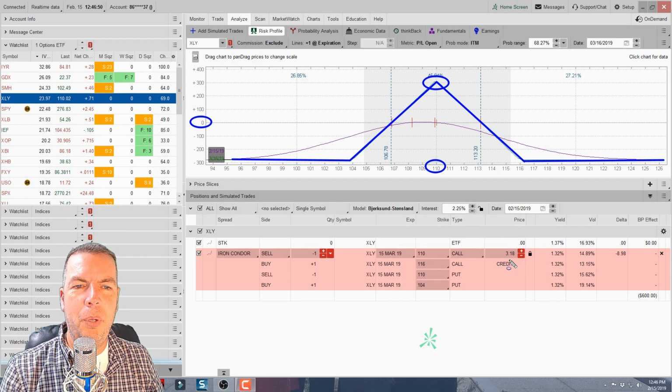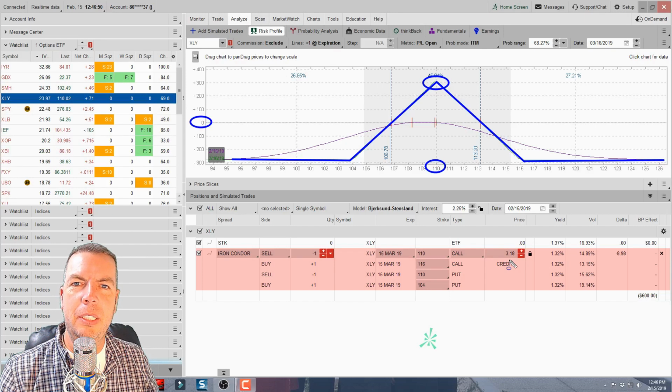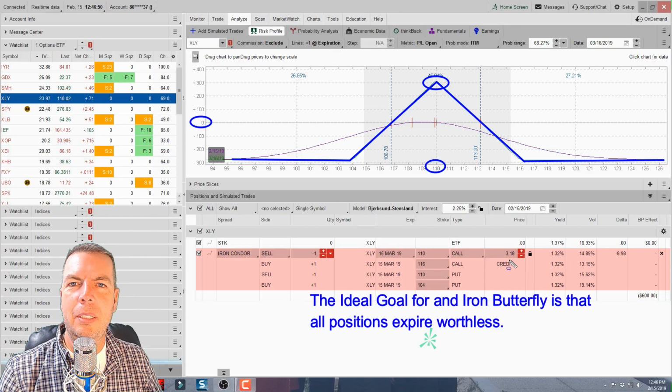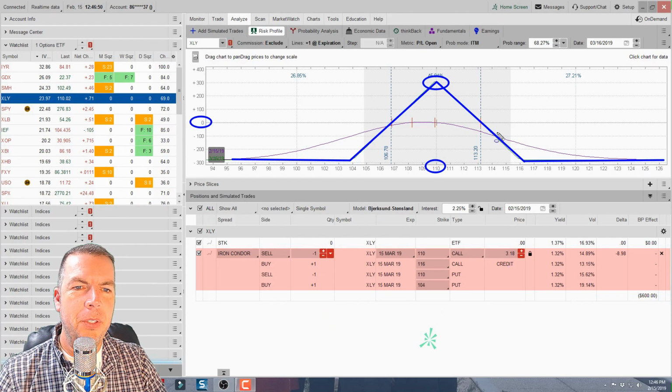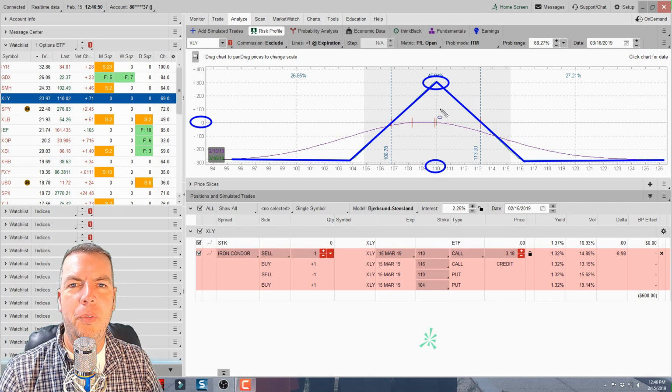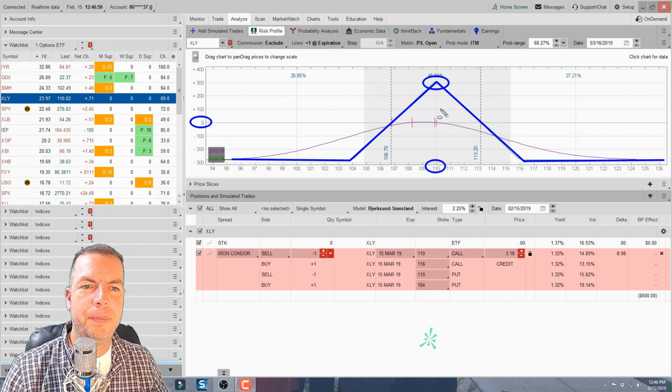So our goal is that the sold positions will all expire worthless, and for that to happen, the stock would need to be right here at $110 in order for all positions to expire out of the money and worthless.